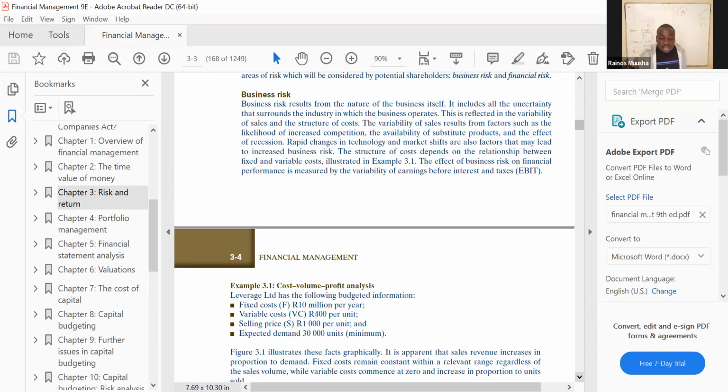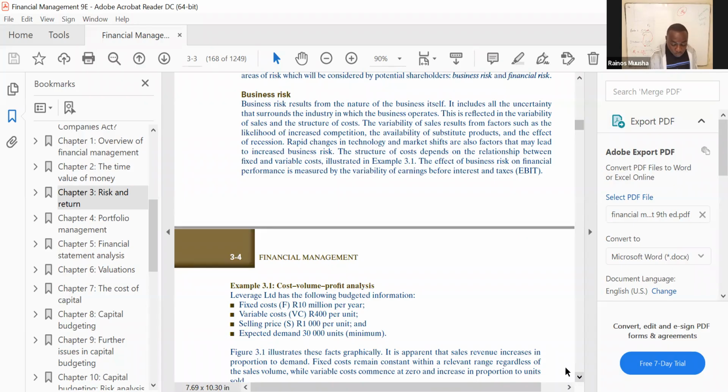So the more uncertainty you have regarding your income, the higher the business risk. And the more uncertainty you have regarding your expenses, the higher the business risk. And also, the higher your fixed expenses, the higher the business risk.